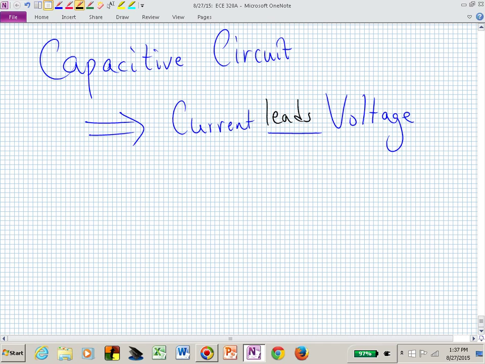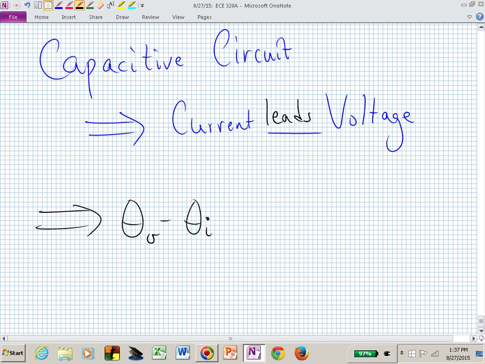In a capacitive circuit, the current leads the voltage. Know about the relationship between theta sub V and theta sub I. If the current leads the voltage, now think of these spinning phasors or these angles. Now the current, in terms of counterclockwise rotation, has a bigger angle than the voltage.